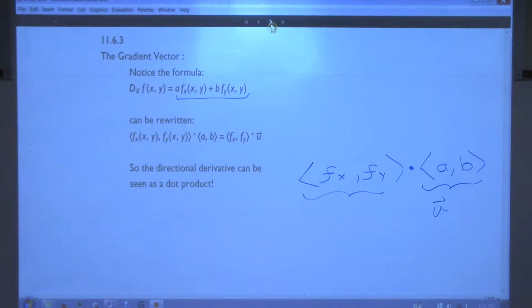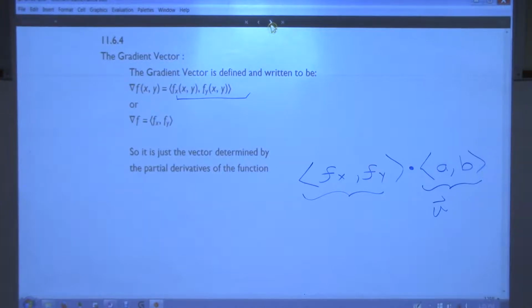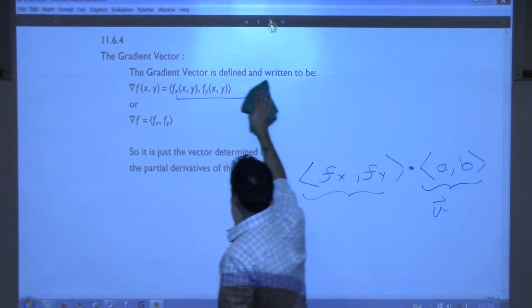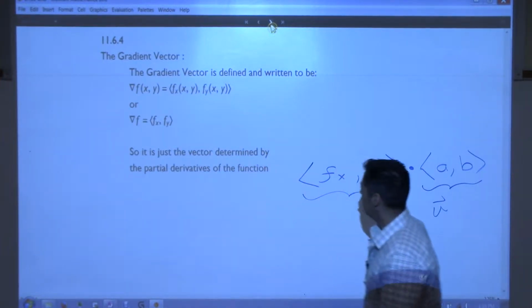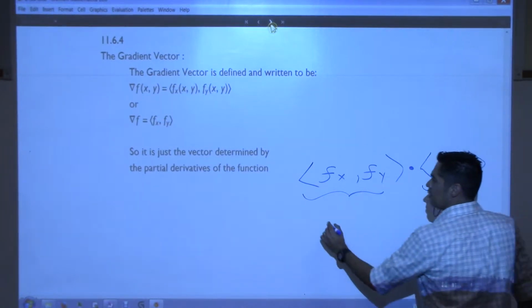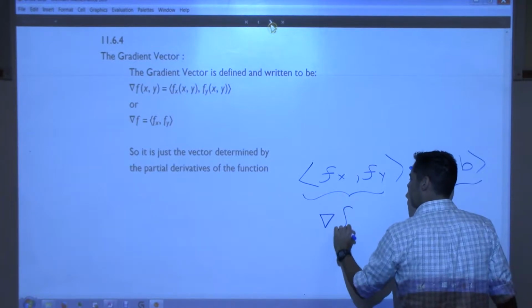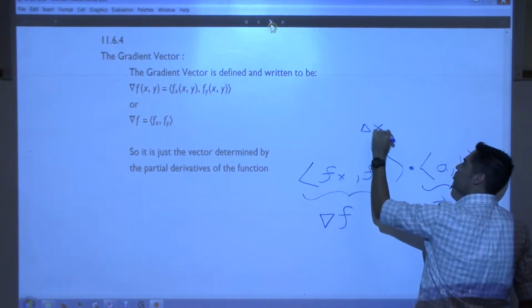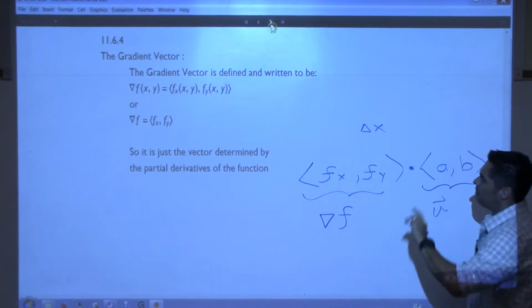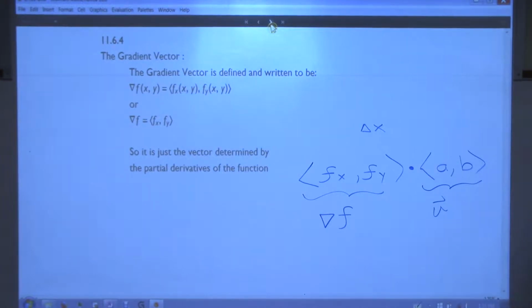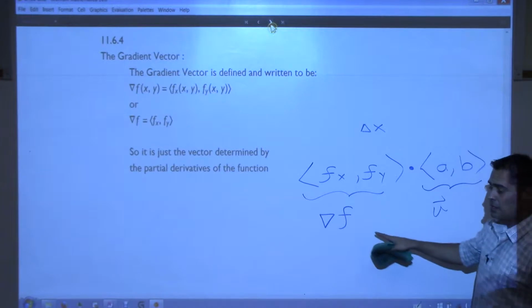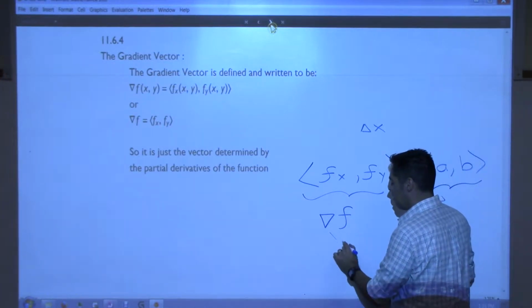The next note is where we define the gradient vector. So the gradient vector is defined as follows, and that's what I wrote right here. You've seen the delta before, right? Delta x, change in x, right? You've seen that before. Flip that delta over. That's the symbol we use for the gradient. And it's actually called del, okay?